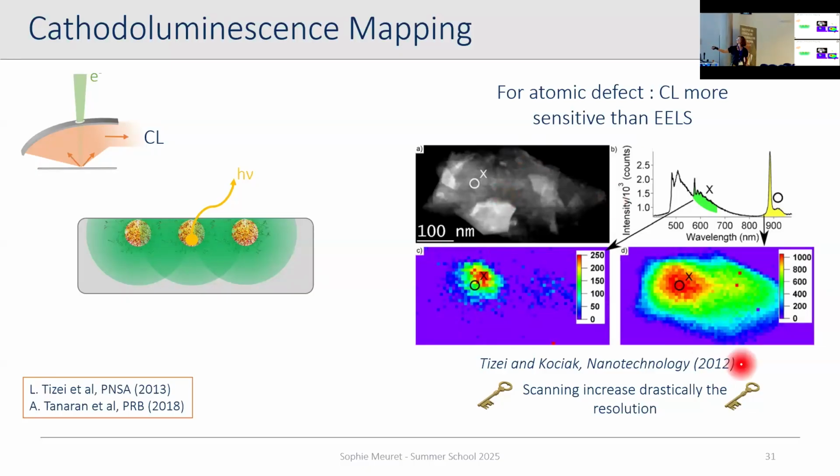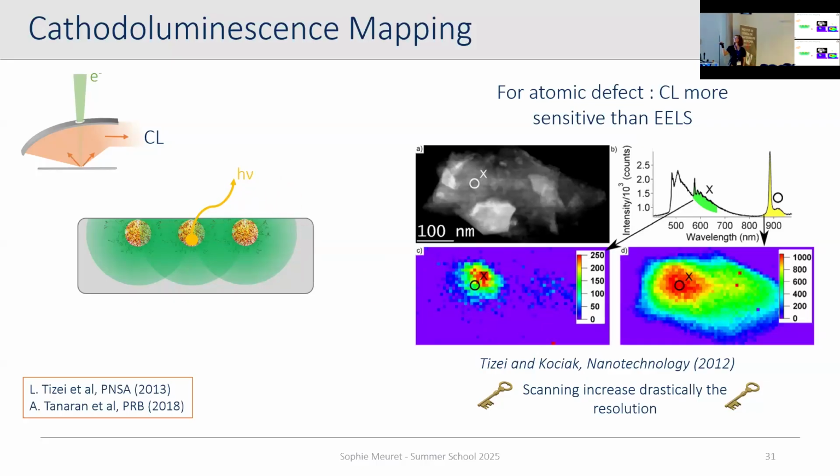Because if you look here, the diffusion, when I'm here, I'm still exciting this center here, right? So you have a huge diffusion of your light. So if you're able to map your sample, you're able to have a much higher spatial resolution than what you can get taking into account just the electron hole pair diffusion and the pear of interaction.